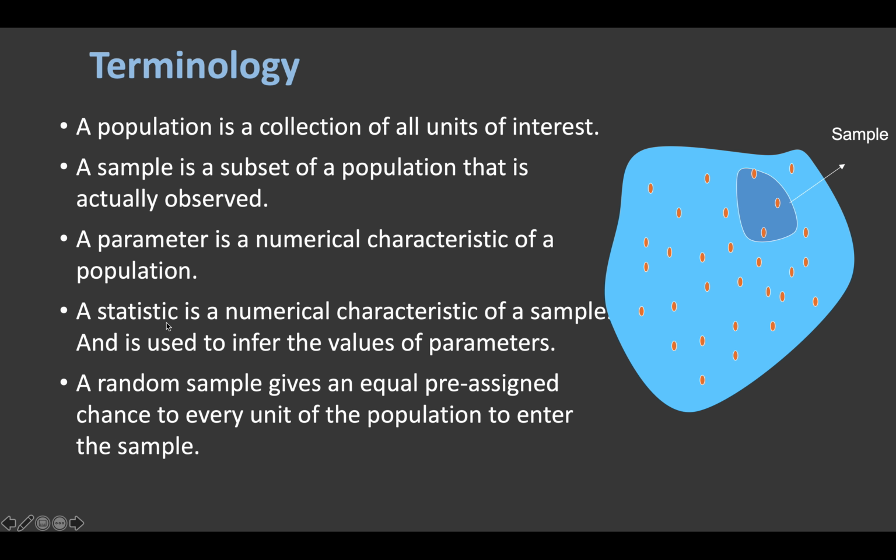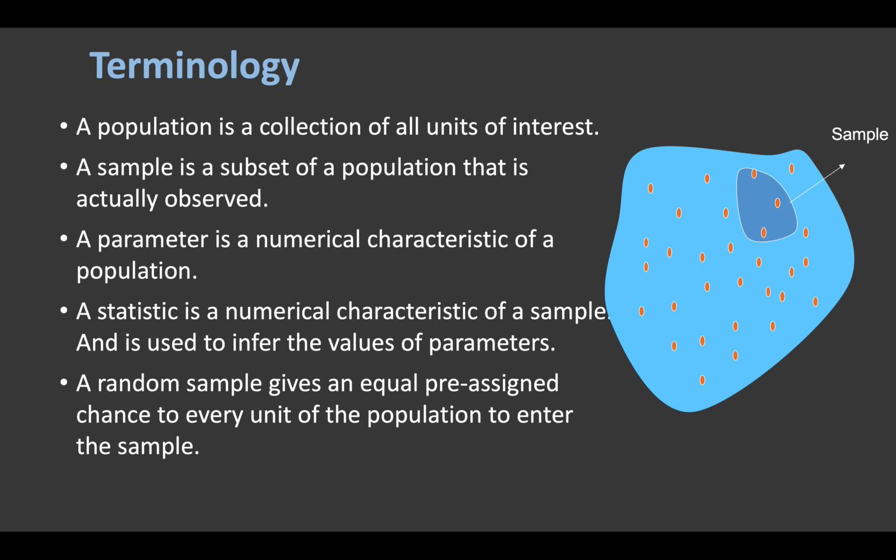And a statistic is a numerical characteristic of a sample, right? Contrary to parameter, when we say statistic, we're talking about the sample. It is used to infer the values of parameters, right?